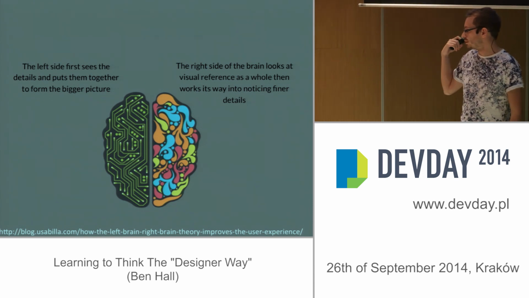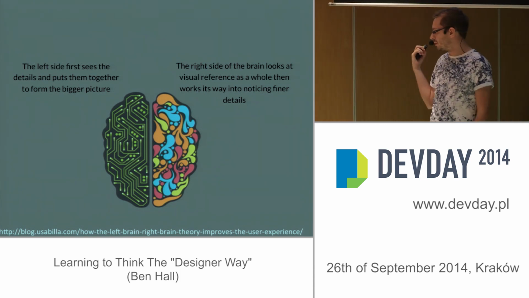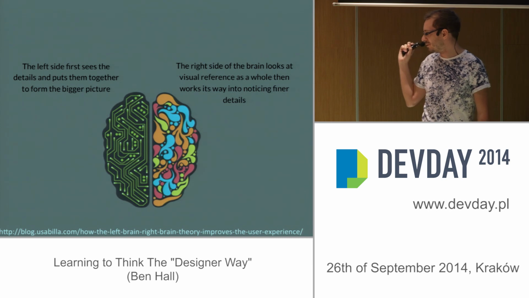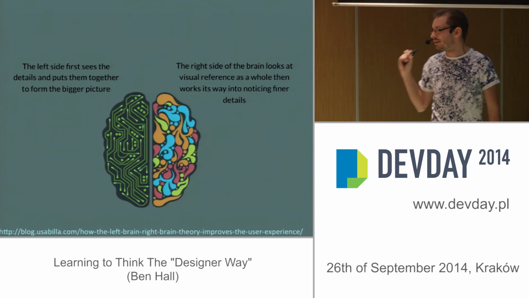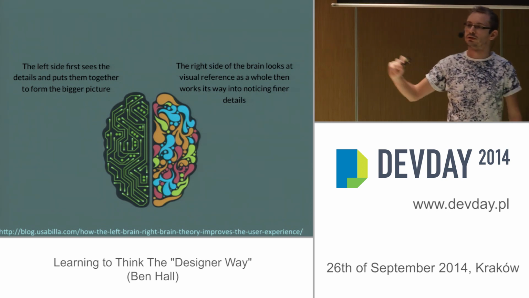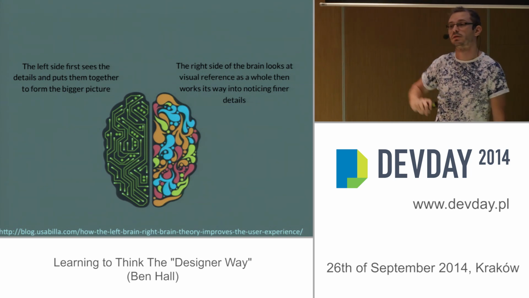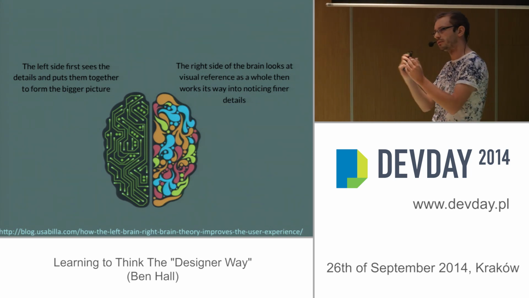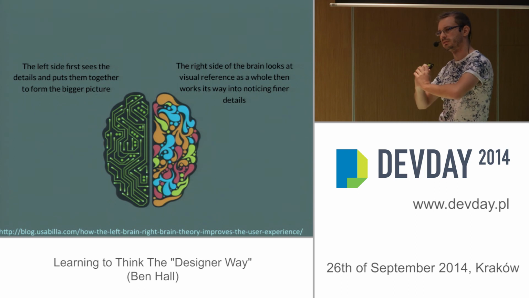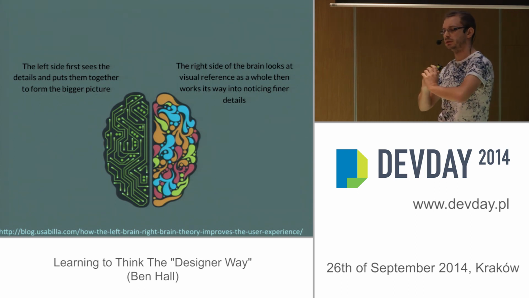They look at it as an overall work of art, an overall piece of beauty. And then they'll start noticing the finer intricacies, like the pixels being slightly out of place.